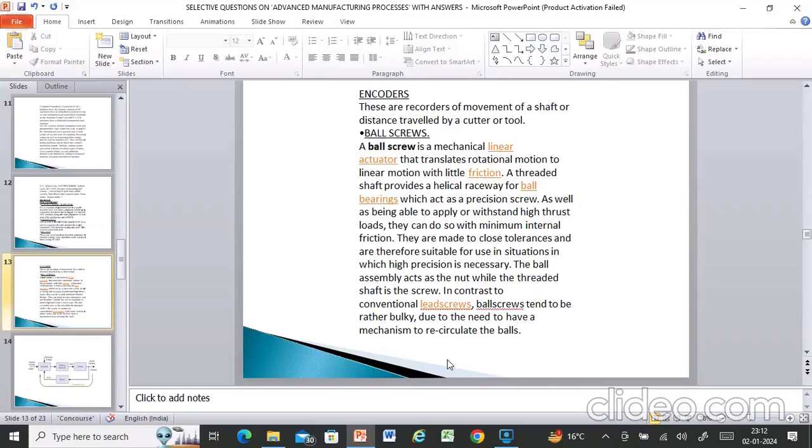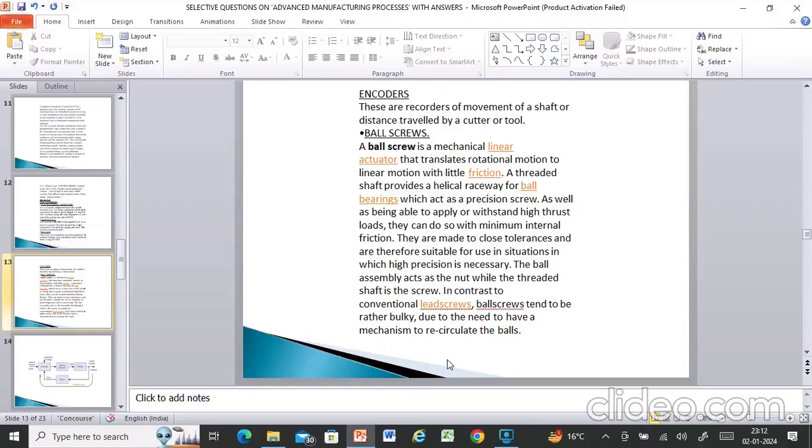In CNC machines, it is practically a frictionless drive or a rolling friction drive. In normal machines there are sliding friction drives, and the movements are smoother, and that is why the finish of the items machined in CNC machines are also better.